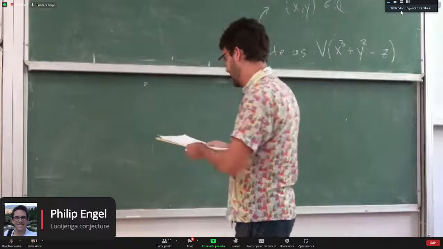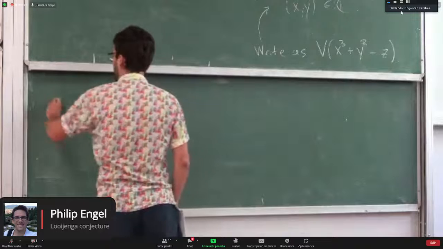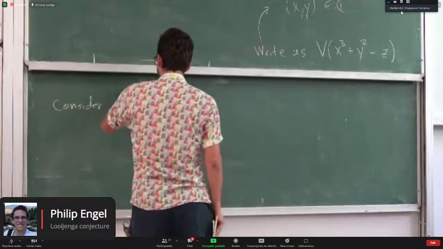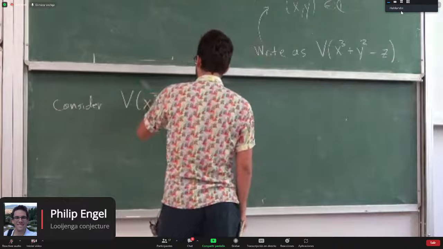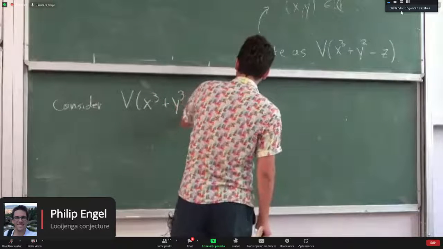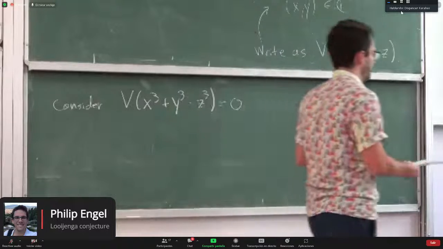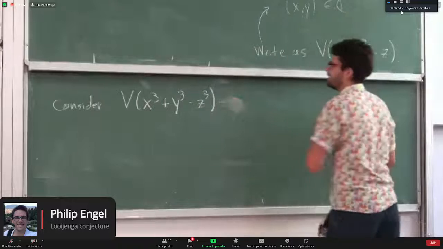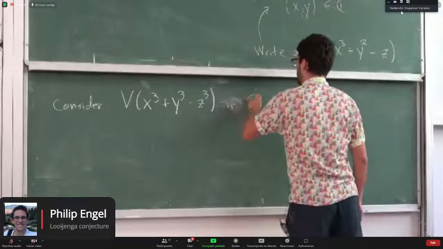So let's consider this vanishing locus, x cubed plus y cubed minus z cubed equals 0, just the vanishing locus of that in C3.